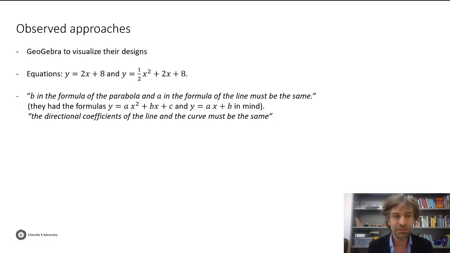And they realized, sort of a general insight, that they could take the linear bit in the formula for the quadratic equation. They formulated it a little bit clumsily, saying the b in the formula of the parabola and the a in the formula of the line must be the same. But this is what they meant. And if you know about the Taylor series, then you see what they're actually doing. They're throwing away the quadratic bit.